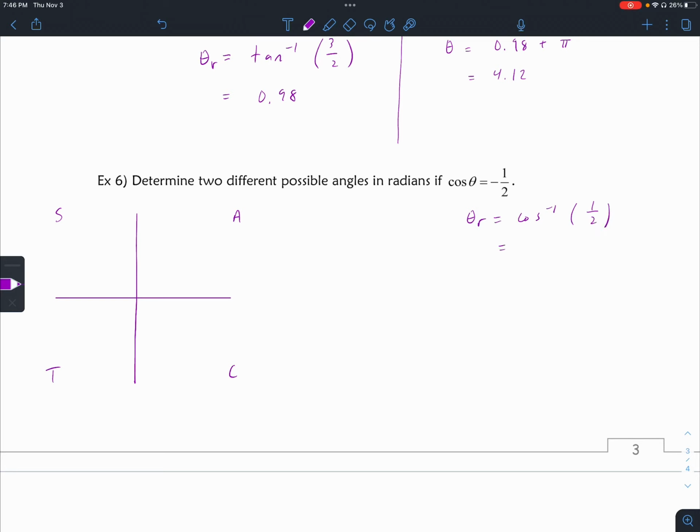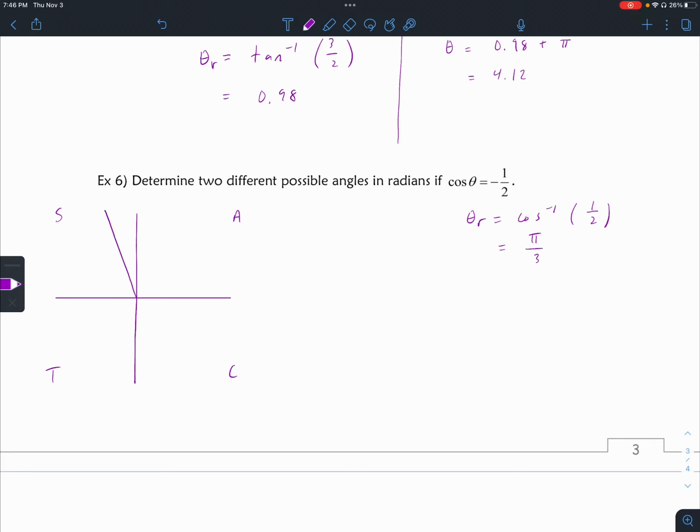Okay, and so what that will give you, depending on your calculator, might give you it in radians the proper way in terms of pi, or it might give you some decimal value. But what it is is pi over 3. That's a related angle here.